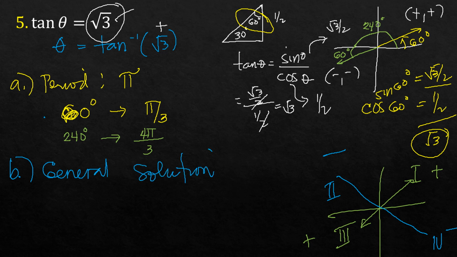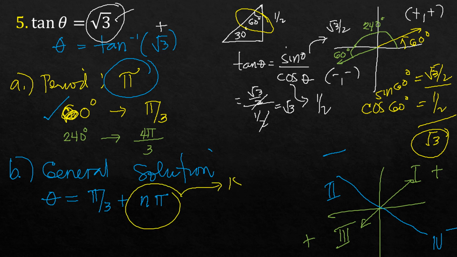Therefore, in the general solution, we can just use 60 degrees and that is already enough. Let's prove it. Theta is equal to pi over 3 plus, because the period of tangent is only pi, then we have n pi. So it's like always adding multiples of 180 degrees. Why?